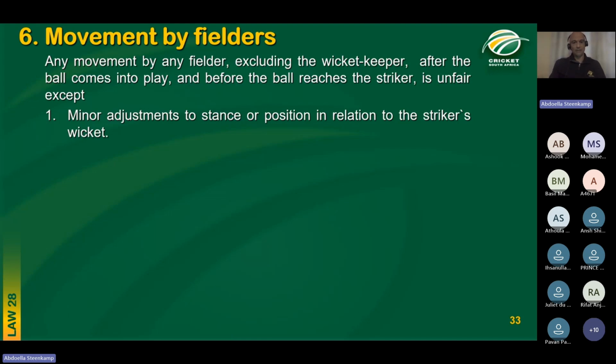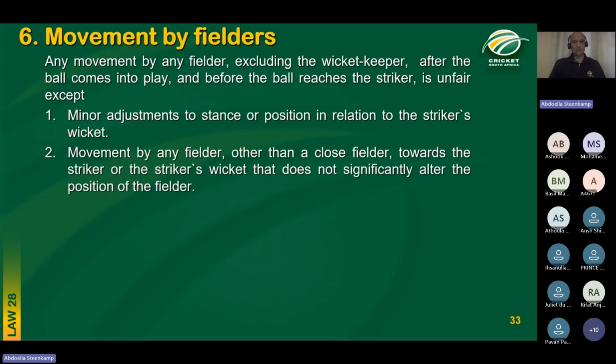What usually will happen is the silly point fielder will initially stand upright, and as the bowler's running in, they will start crouching down. So that is an example of a minor adjustment, and the law allows for it, but only minor adjustments.